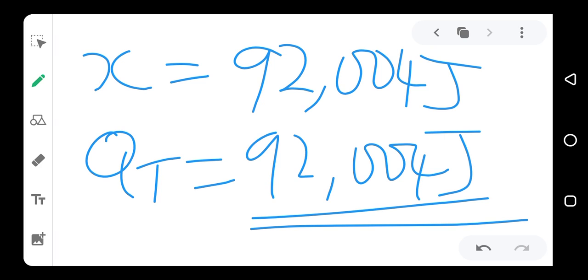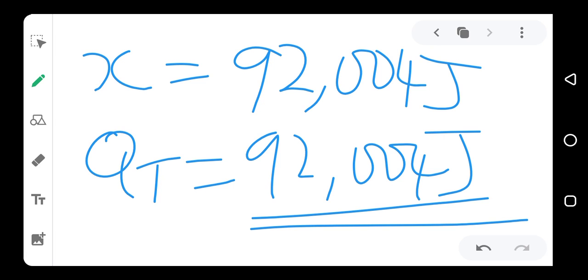If you are calculating latent heat of fusion, you have to calculate the amount that was converted from solid to liquid. If you are calculating the latent heat of vaporization, you have to determine the amount that was converted from liquid to gas or to vapor.